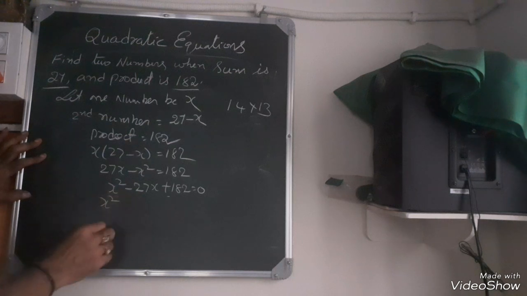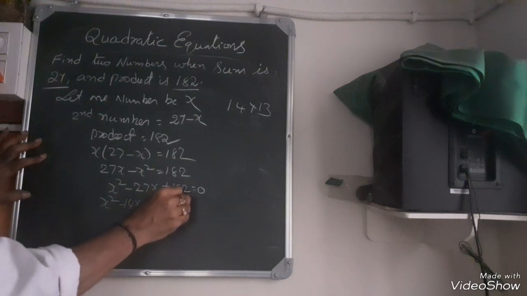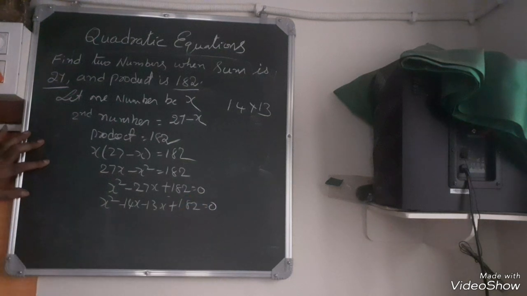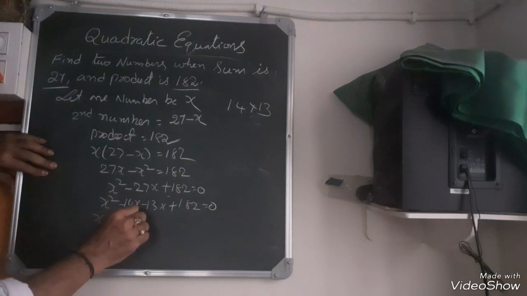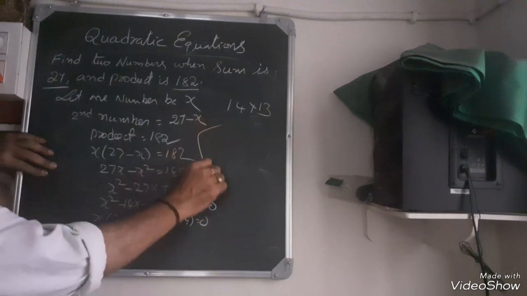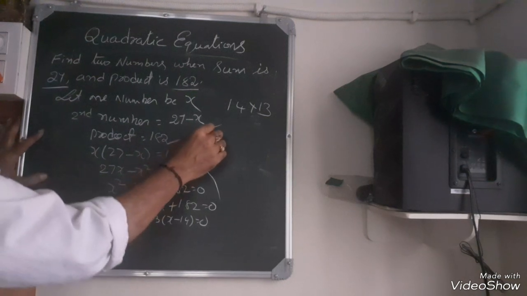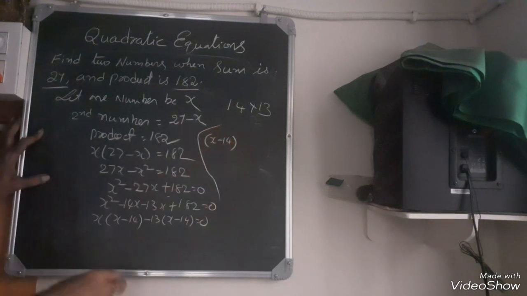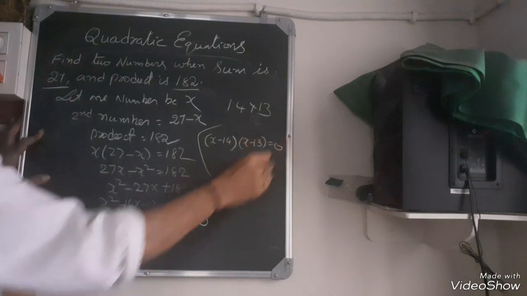So x square, this minus 27x we can split into minus 14x minus 13x plus 182 equal to 0. Now in these two you take x as common, x minus 14, and here minus 13 as common, x minus 14 equal to 0. Now we get the factors x minus 14 and x minus 13 equal to 0.